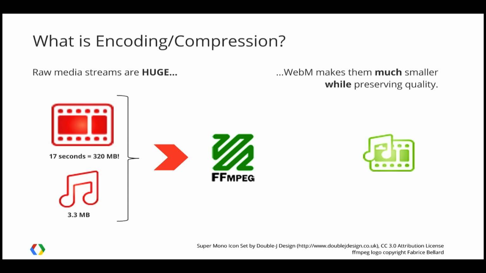This is where the codec is going to look at these frames of video and look at all the redundancies and just pull them all out, compress it all down into a stream. And the final result is going to be a WebM file of 1.9 megabytes. So we took 323 megabytes worth of raw data, and now this is something that, 17 seconds, 1.9 megabytes, easily can be served to pretty much any user, maybe even over a 3G connection.